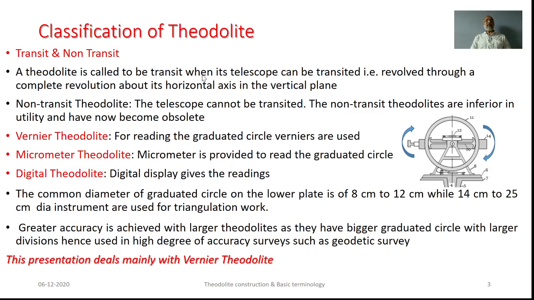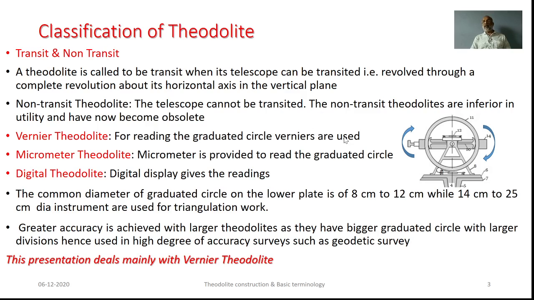Theodolite can be classified as transit and non-transit. Whenever we think about the telescope of the earlier equipment, this telescope used to be quite long and hence could not be rotated about its horizontal axis in the vertical plane, and such equipment were termed as non-transit.